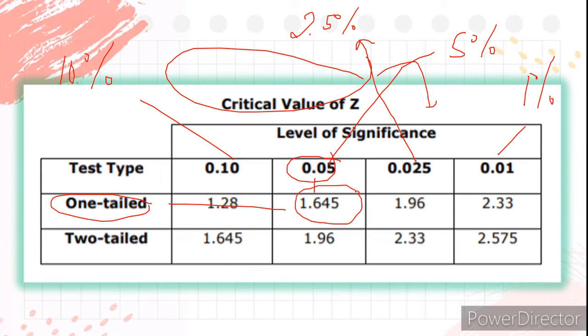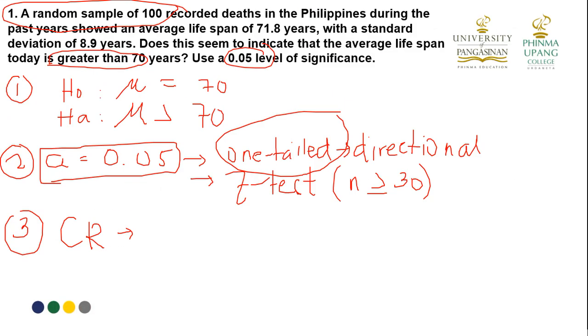I repeat, since our level of significance is 0.05 for example number 1, and it is directional, which is one-tailed and greater than, it is on the right side of our normal distribution. The Z of the critical region is equivalent to 1.645. Always do not rely on your modules, because sometimes their answers are wrong. Rely only on what I teach.